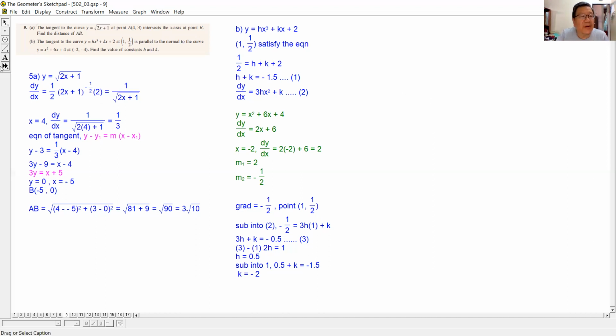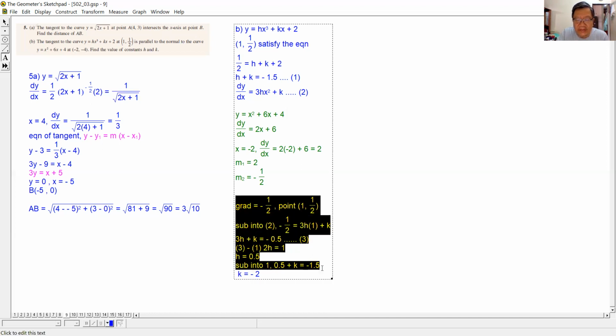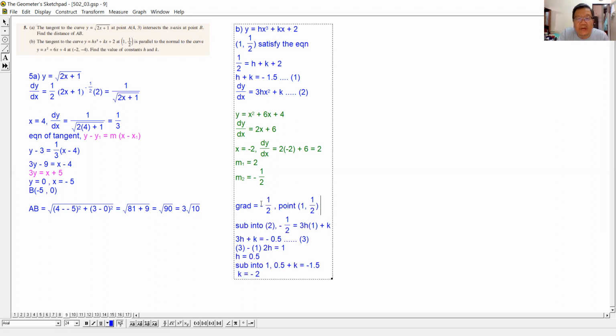So how to match them? Matching them is from here. I match the two curves together, right? The value of the tangent comes from the second curve. The point comes from the first curve. So I take these two values and substitute into the gradient function.